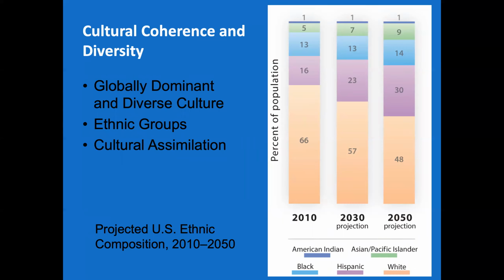So people of Hispanic background. Notice how African and Black doesn't really change that much. This increases, it doubles essentially, and this decreases by a significant percentage, 2030 to 2050.